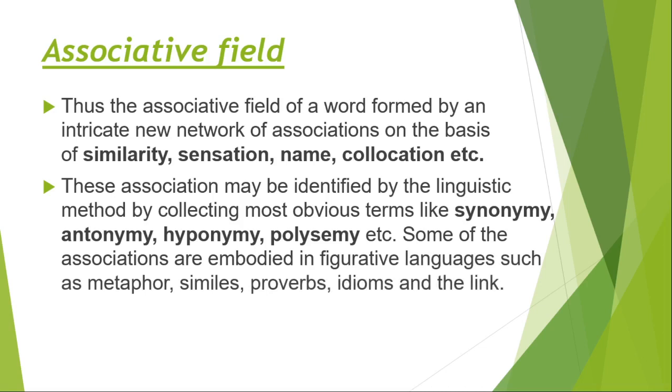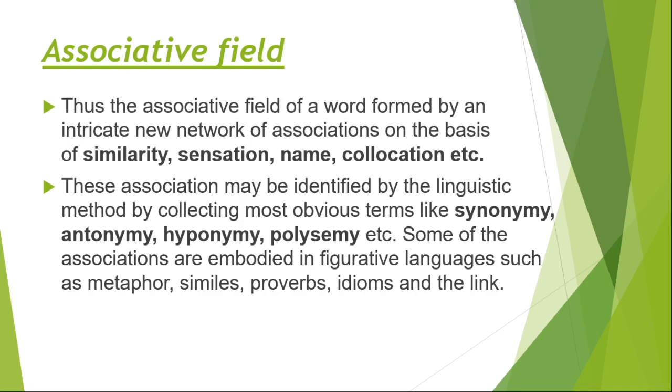Now, this field of association exists because of the similarity between the meanings of words, the sensation, the name, and the collocations. And look at these lexical relations or semantic associations. If it is similarity in meaning, it is synonymy; if it is oppositeness, then it is antonymy; then we have hyponymy, polysemy. These are all sense relations.